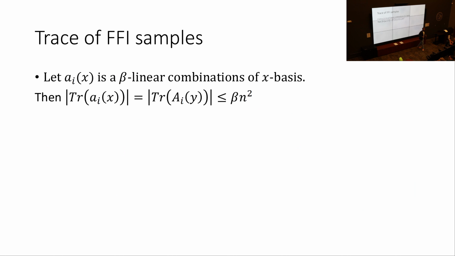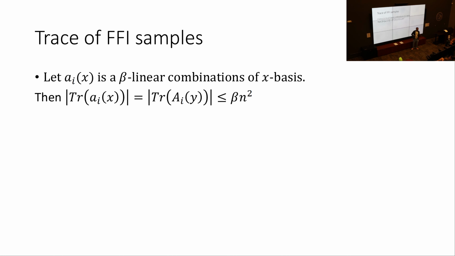Now if you take small linear combinations of powers of x and compute the trace, by linearity of trace, we know this value is going to be upper bounded by some factor of n square, because I just did this worst case bound. Now we know the first half is all zero, so we can have some factor above, but that does not really matter.